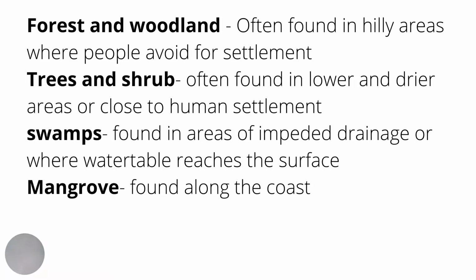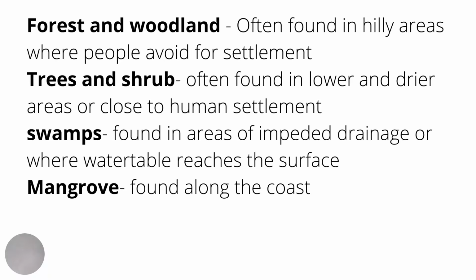We also might find woodland in areas like limestone areas where the rock is permeable, and so it's easy for the water that infiltrates into the soil to subsequently percolate through the rock, so less water is available in the soil for the plants.